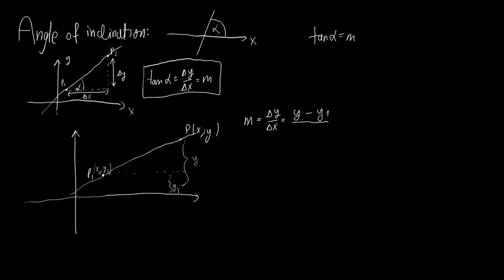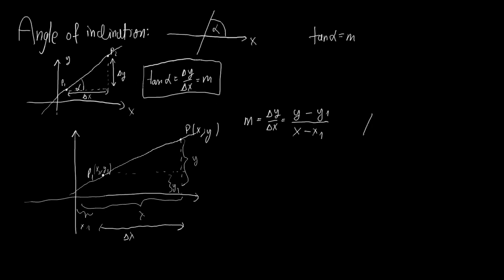So y minus y1 over, you can see the increment in x here. This is x, and this is x1, so this is delta x, and it equals to x minus x1, and that is the slope with 2 points.